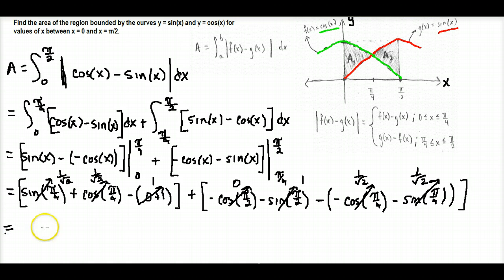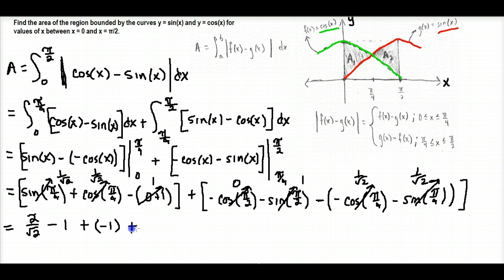And so if we write all this out, we end up getting 1 over square root of 2, and that's 2 of those, so we'll just go ahead and say that that's 2, and then that's minus 1. Then we have plus a negative 1 there.